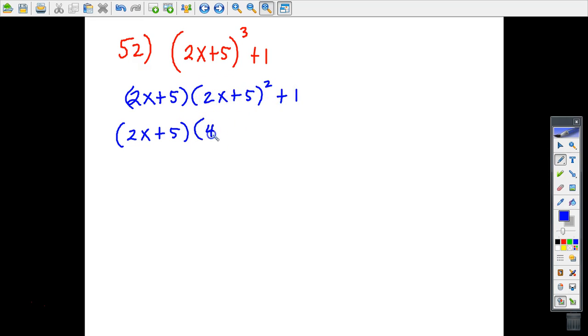Square the first term. First times second times 2 would give us 20x. Square the last term. And then I'm just going to bring down plus 1.